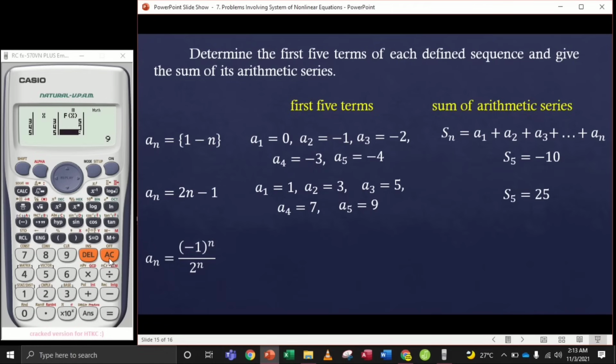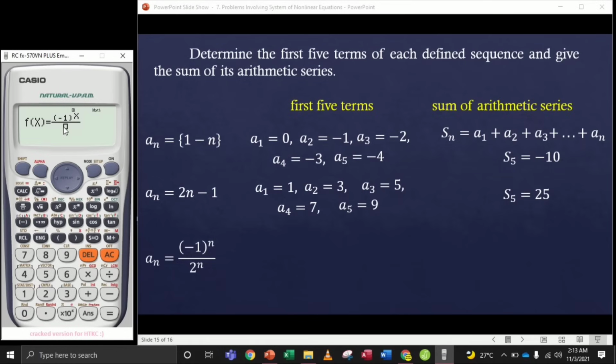Okay, last. Meron tayong fraction. So, burahin lang natin ito. Meron tayong fraction, so lagyan natin ng parenthesis. So, negative 1. Tapos, pang exponent, ito, raised to, lagyan natin alpha x.